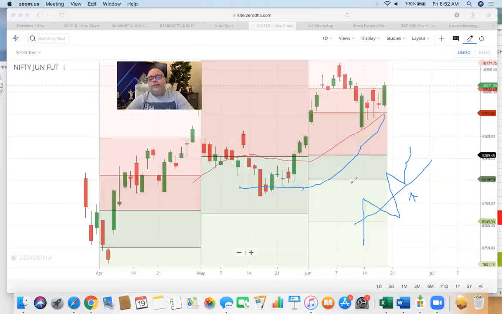Why? Because this zone was sideways, and now this sideways is turning into a trend, and that is what I can see is happening here, and hence we should expect this sort of action with an initial target of 10,400 to 500.